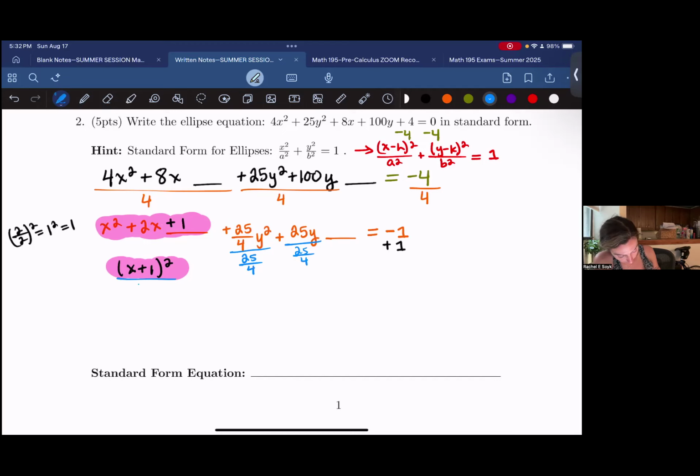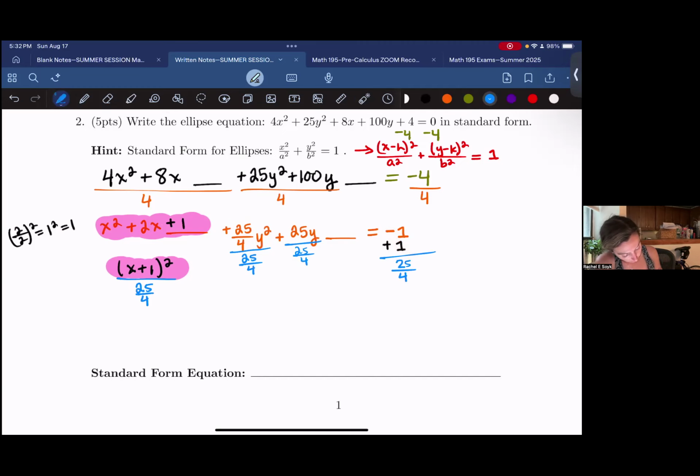We still have to divide this by 25 over 4, and we need to divide this by 25 over 4. But lucky for us, that's actually just going to be 0 because -1 plus 1 cancels out.